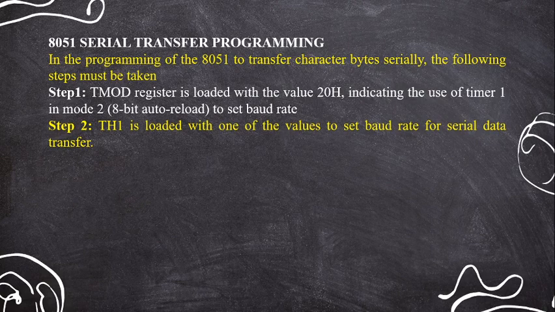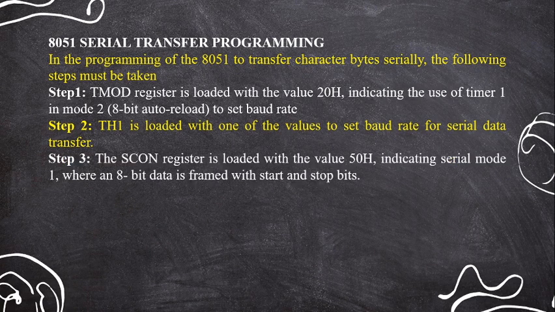Once the timer starts, it keeps on incrementing to reach the value of FF and rolls over. By then, the rate of data transmission would be 9600, which is nothing but the set baud rate.